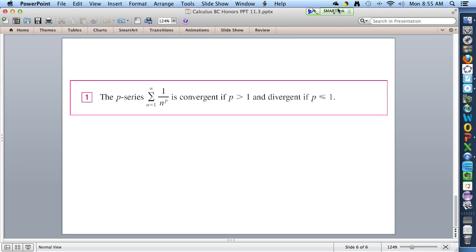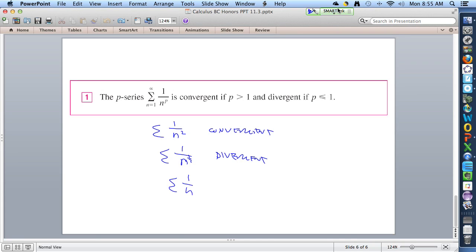Okay. So the other thing I want to talk about is p-series. The ones that we just looked at: 1 over n squared, and we saw that that was convergent, right? Then we looked at 1 over n to the 1/2 and saw that was divergent.